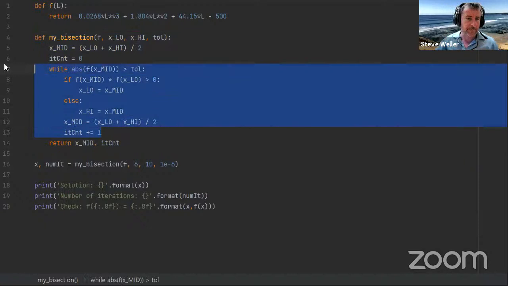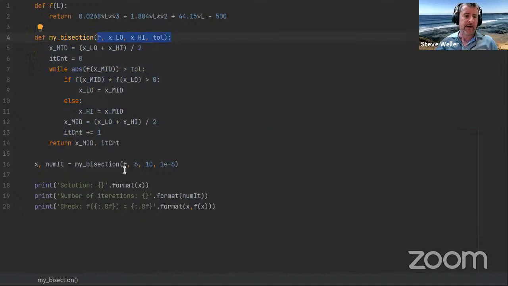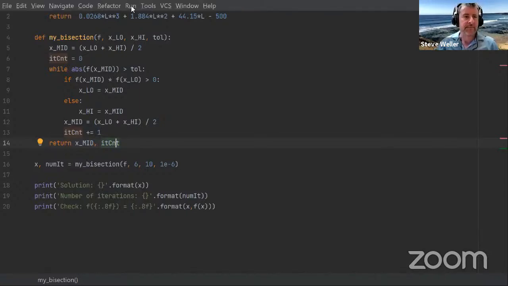All the work you've seen before. I won't go over those details. It's exactly the code you saw before, just wrapped up inside a function. 4 input parameters, function, estimates, tolerance, and then we return the function estimate plus also the number of iterations. So let's run this code now.